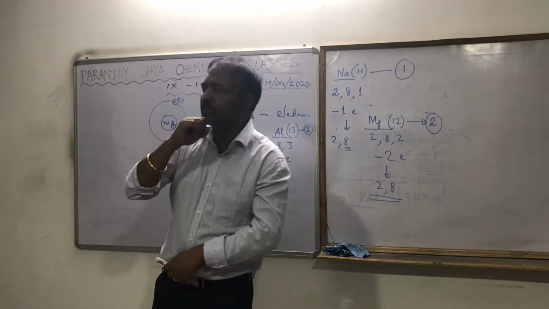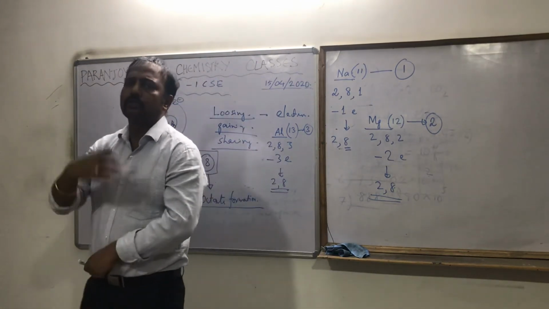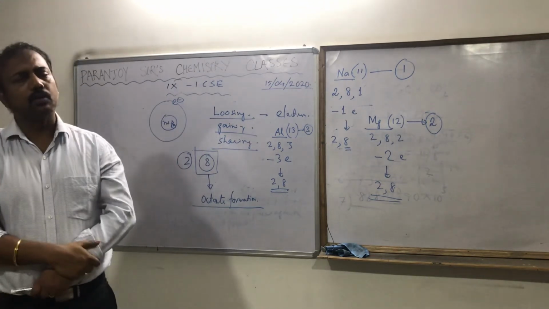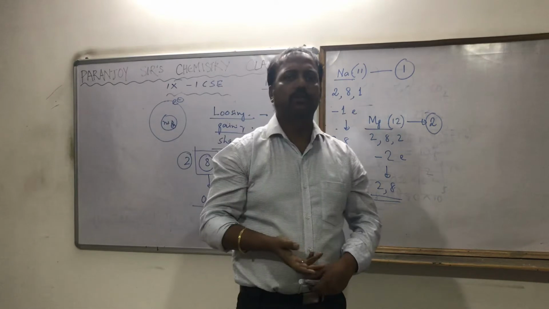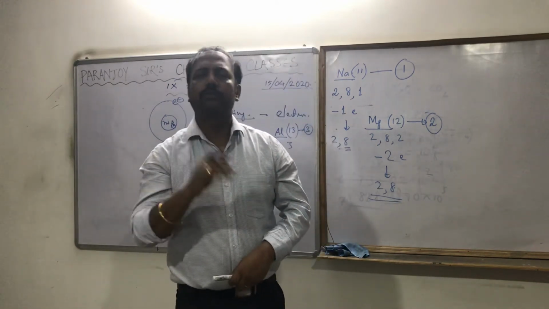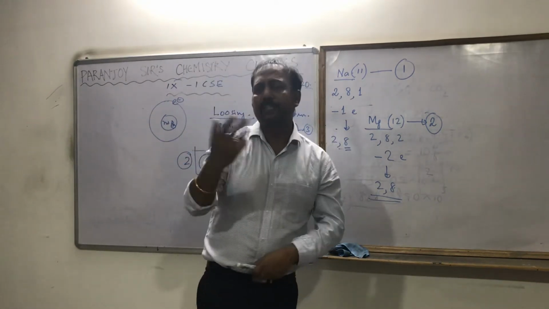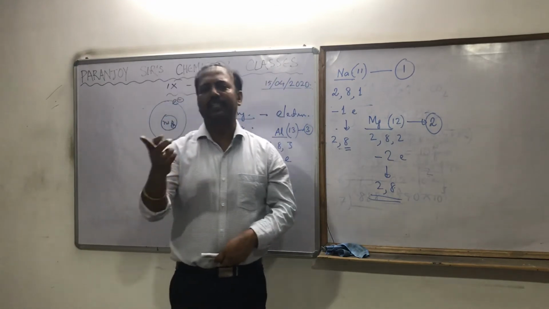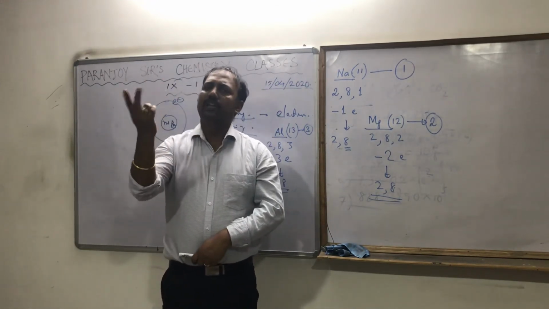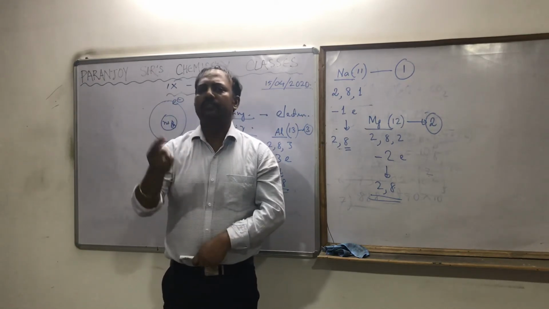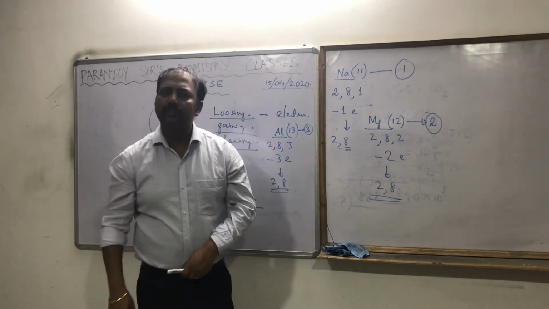If it has got 6 electrons, it will try to gain 2 electrons to make it 8. If it has got 7 electrons, it will try to gain 1 electron to make it 8. If it gains 3 electrons, its valency is 3. If it gains 2 electrons, its valency is 2. If it gains 1 electron, its valency is 1.